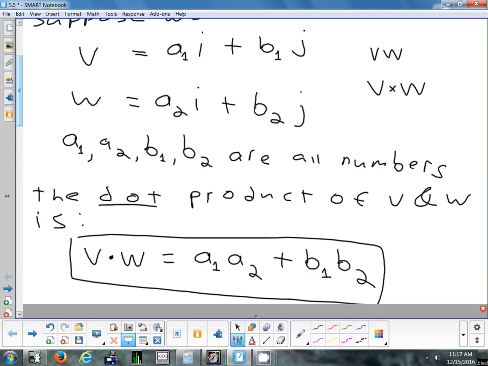So what do you get if you multiply a number times a number? You get a number. And then what's a number plus another number? It's another number. So when you find the dot product, your answer is a single number by itself, like 10 or 15. What does that number mean? Well, I'll show you after.